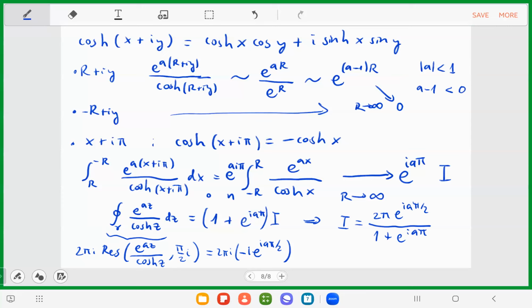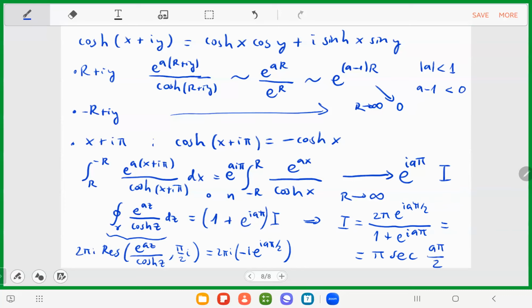But you just multiply by the exponential of minus iaπ/2 in the numerator and the denominator, and you will find that you get a cosine in the denominator. Not hyperbolic, it's just a normal cosine because it has the i here. In the end you get π times the secant of aπ/2. Very simple and elegant result.